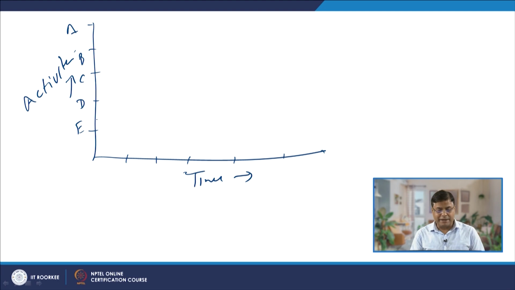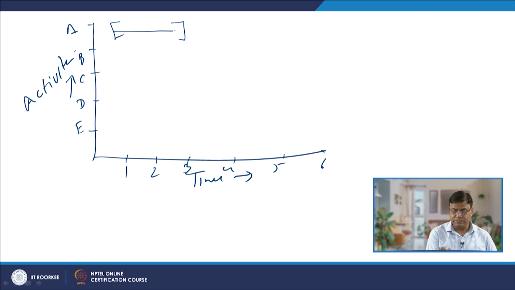So, when a particular activity will be started and when it is expected to end, say the activity will be started at time unit 1, 2, 3, 4, 5, 6 like this. A bracket is the start of the activity, and say it continues for 3 time units.